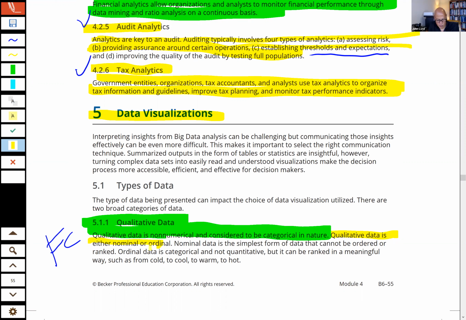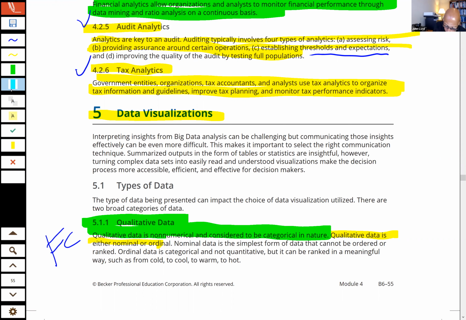I'm not sure. Let's read it. Maybe you can explain it to me. But at the end of the day, just remember that qualitative data has the ability to be either nominal or ordinal. Sorry, guys. I just don't wake up in the morning using the terms nominal and ordinal.